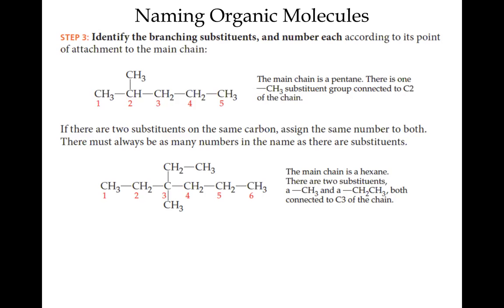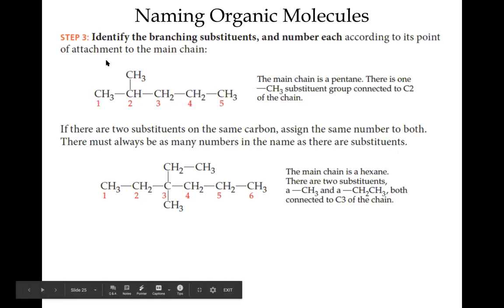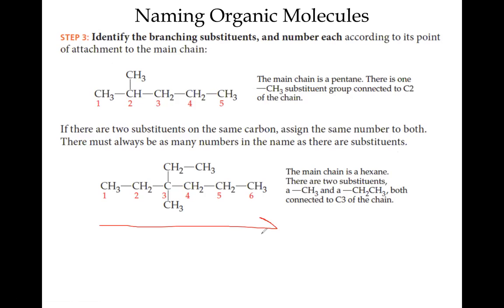Do we have two substituents on the same carbon? And what do we do there? Okay, so in this case, we do. We've determined that we're numbering it left to right, because that makes the carbon that has the two substituents, this methyl group here and this ethyl group here, the third carbon, right? If we instead numbered it from right to left, this would be 1, 2, 3, and this carbon would now become 4. Well, we don't want to do that. So we number it left to right.